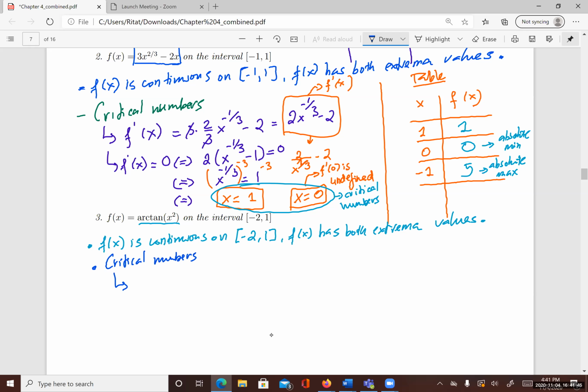First, finding f prime of x, equal to the derivative of arctangent of u, equals u prime, and u is x squared, so u prime is 2x, and then divided by 1 minus u squared, right? And u squared is x to the 4th.